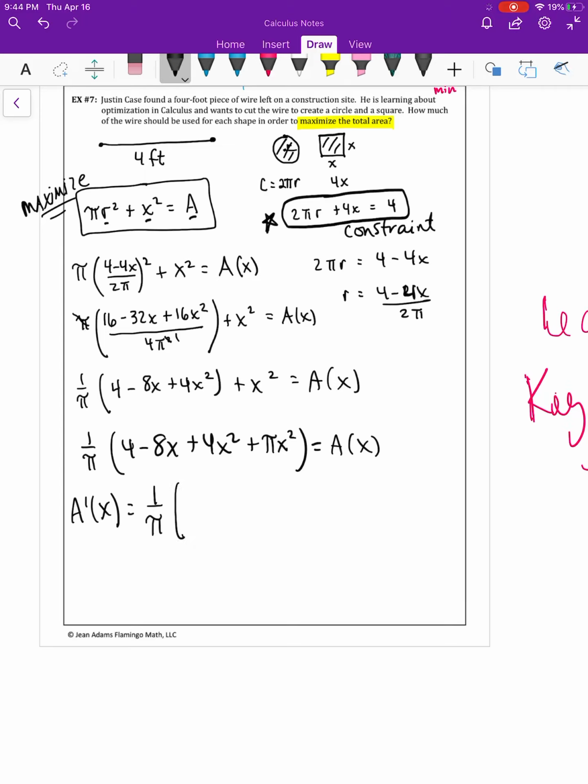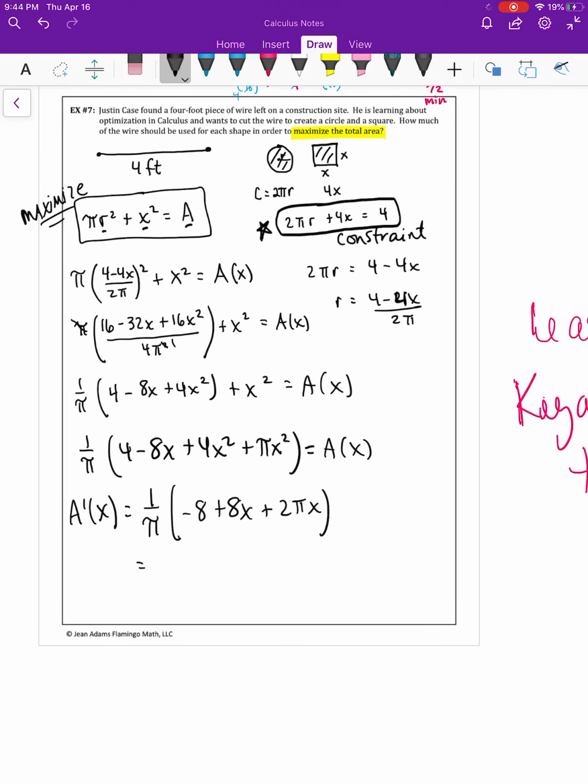Okay? So now, derivative. We've got our 1 over pi times our derivative here. And what do we have? Well, we have negative 8 plus 8x plus 2 pi x.